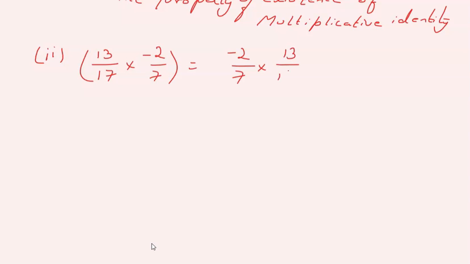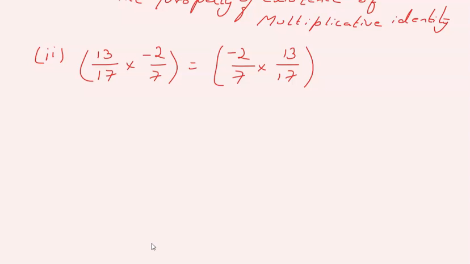The next question is 13 by 17 into minus 2 by 7. This is equal to minus 2 by 7 into 13 by 17. So what are we observing in this?